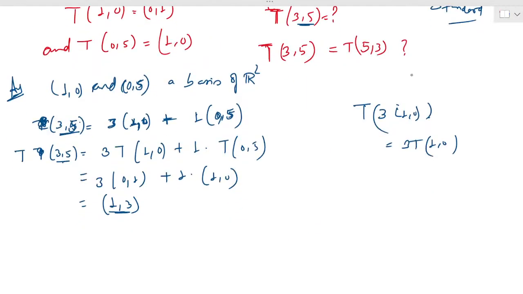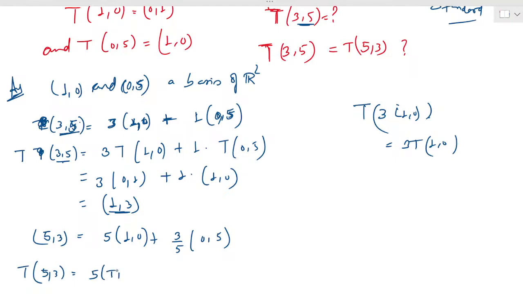Similarly, if I want to write (5,3), how can I write it? (5,3) can be written as 5 times (1,0) plus 3/5 times (0,5), right? If I take the transformation on both sides, this is 5 T(1,0) plus 3/5 T(0,5). T(1,0) is (0,1), and T(0,5) is (1,0).